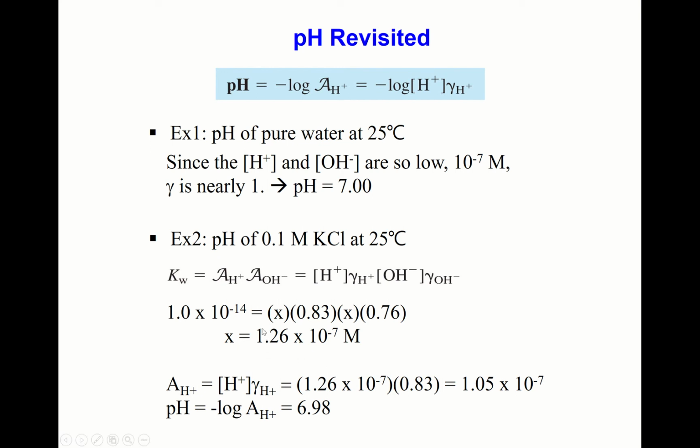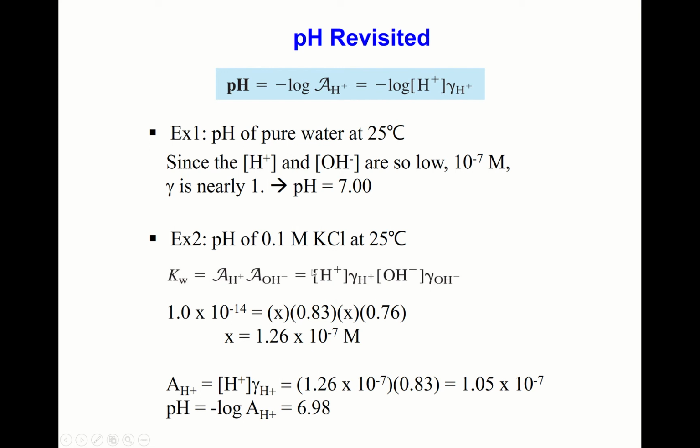But there is another way here. From this Kw, the water dissociation constant, which is actually defined using activity, the activity of a proton and the activity of hydroxide ions, it can be expressed by molar concentration.